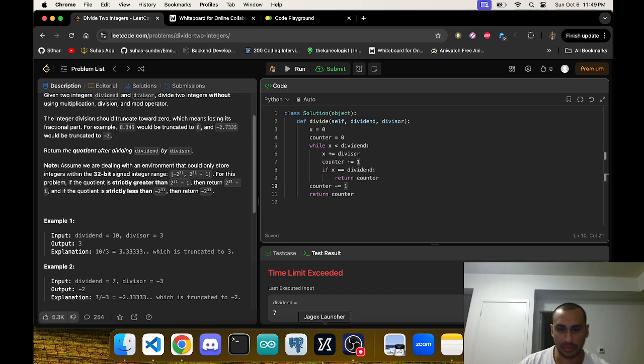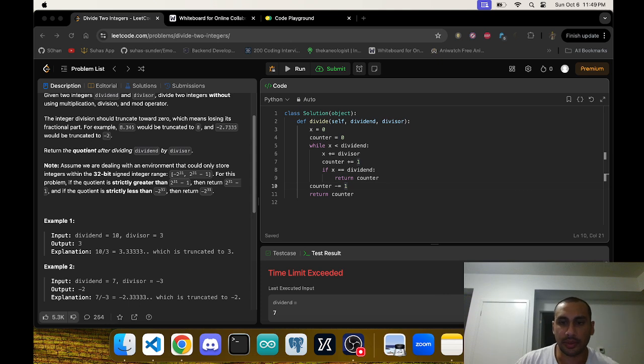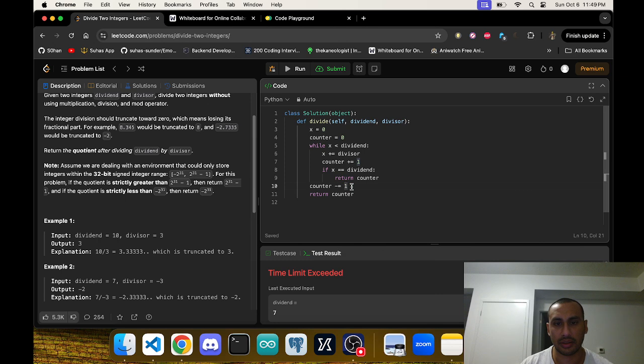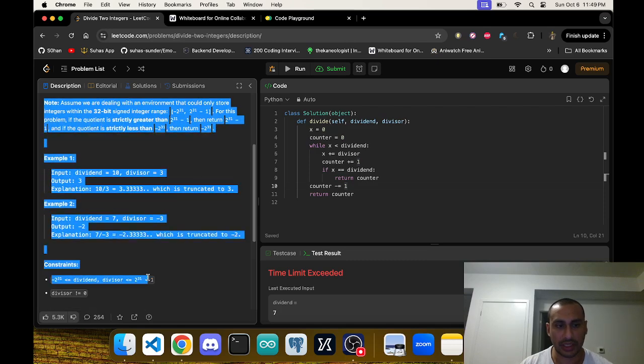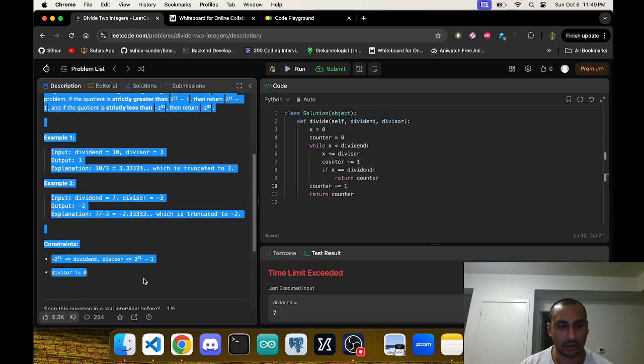What's the time? 19 minutes. Okay, let's just look it up because I don't get why it's not working. Logically, it should do exactly what I did with long integer. Oh, divisor cannot equal 0. Okay, that's perfect. And dividend is less than or equal to the thing. So everything makes sense to me. So I don't get why.